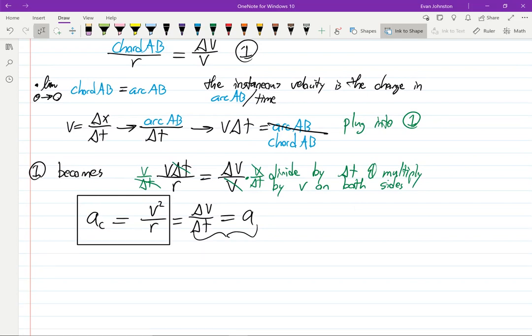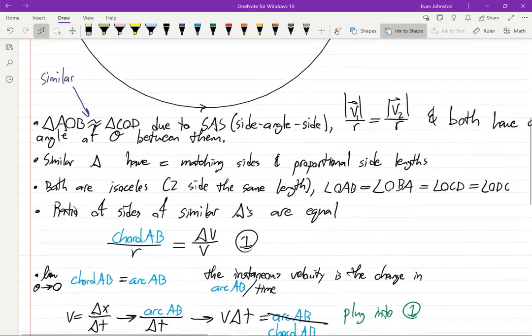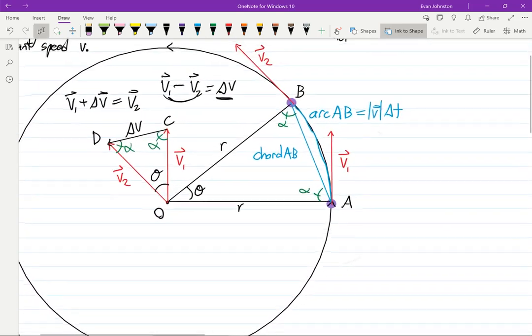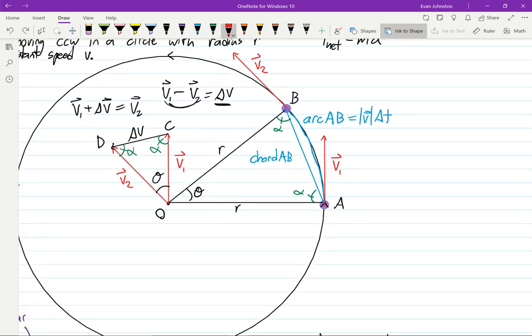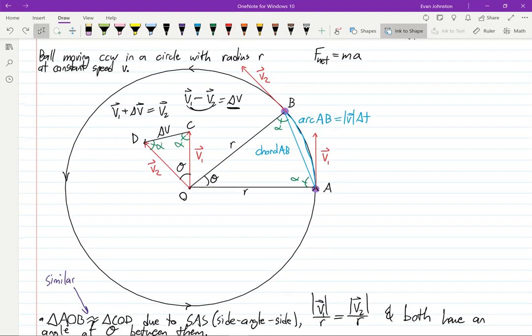And so maybe you're wondering, what direction is that acceleration in then? Because if the ball were to accelerate forward, it would go faster. If the ball were to have an acceleration backwards, it would go slower. And so what we need is an acceleration pointed in a direction that makes the ball not speed up and not slow down and stay in this circle that we've been looking at.